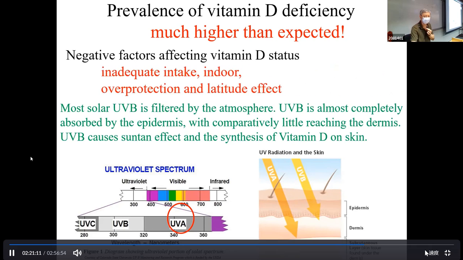So the problem is there is a very high prevalence of vitamin D deficiency, much higher than expected, and I'll show it to you later. The negative factors affecting vitamin D status may be inadequate dietary intake, staying indoors all the time, and overprotection, either clothing or use of sunscreen. And then you will have this latitude effect that I'm going to explain to you.